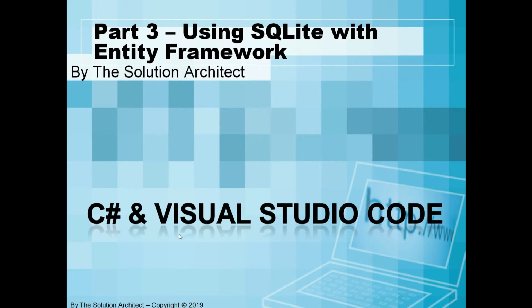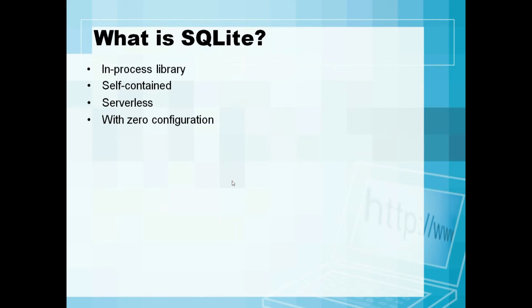Visual Studio Code. And today I'm going to talk about the use of SQLite with the Entity Framework. So what is SQLite? SQLite is an in-process library which is self-contained, and it's also serverless with zero configuration, and it's a transactional SQL database engine.